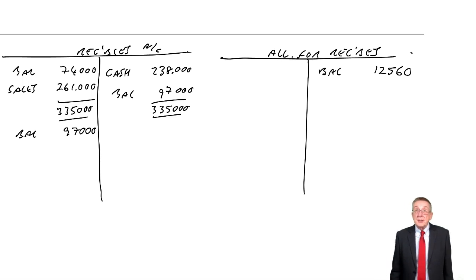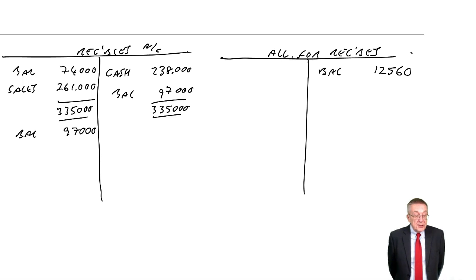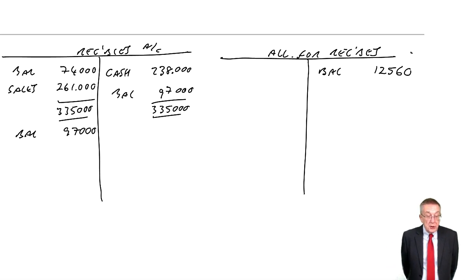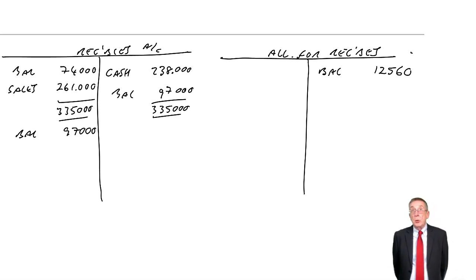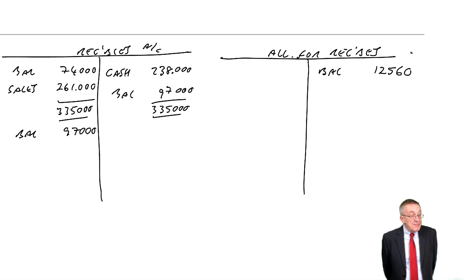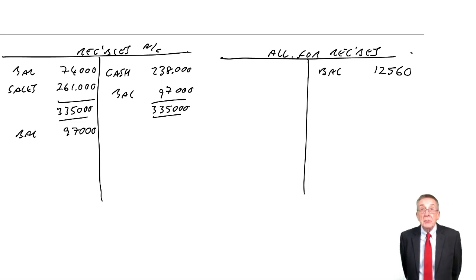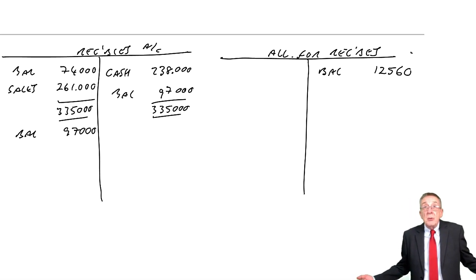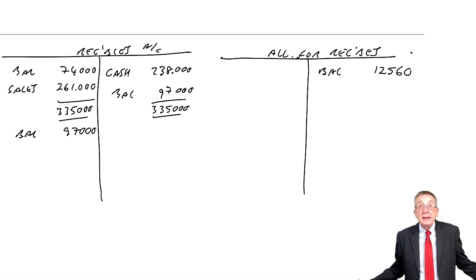Well, the accountant now needs to sort things out, and it says, on investigation, the following was discovered. Paul had paid $2,200 of his previously irrecoverable debt. If you remember, Paul was irrecoverable. We'd removed him. We thought we were never going to get paid.